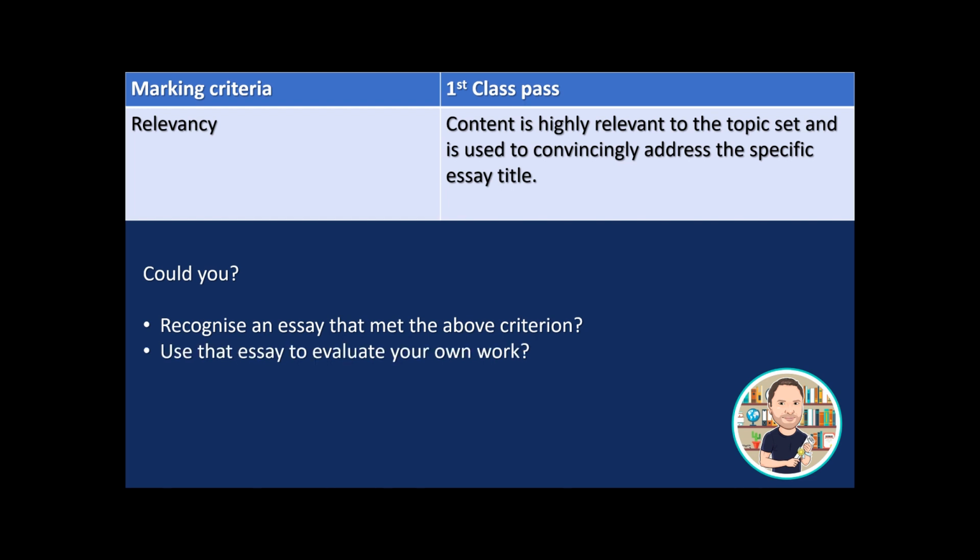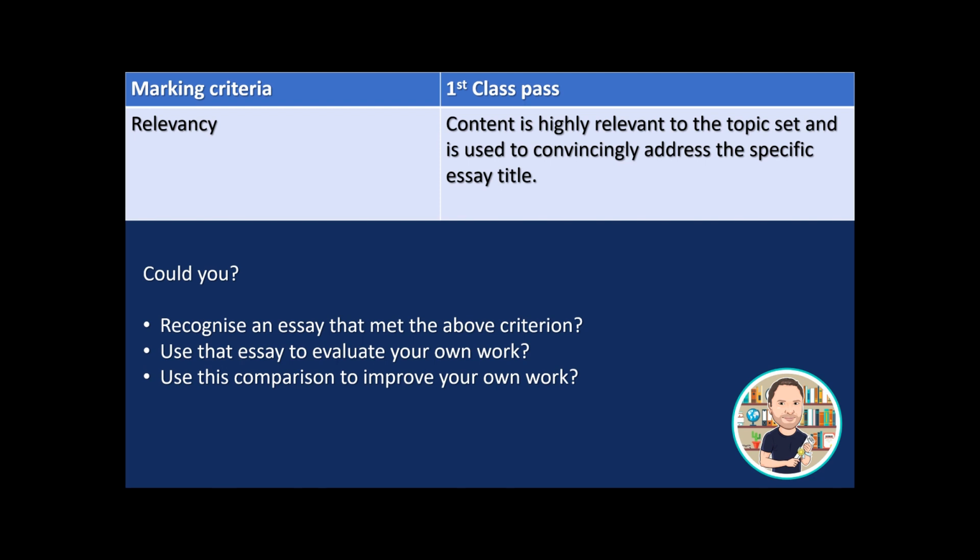Secondly, would you be able to use that essay and compare it to your own work in order to reach some kind of judgment about how well you were doing with respect to the marking criterion of relevancy? Finally, having made this comparison, could you use this comparison in order to improve the attainment on display in your own work with respect to the marking criterion of relevancy?